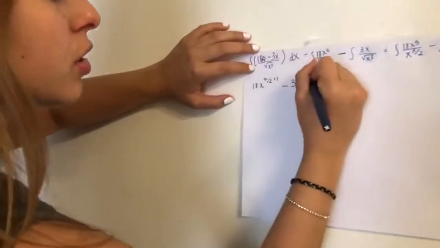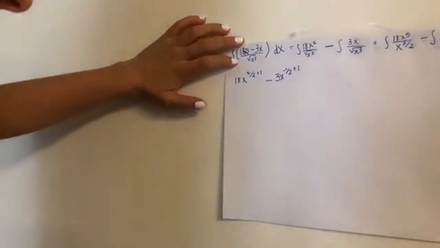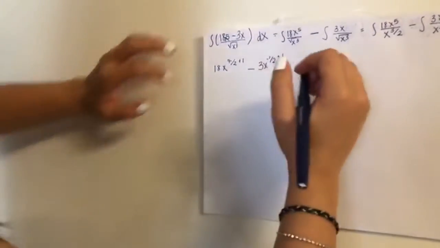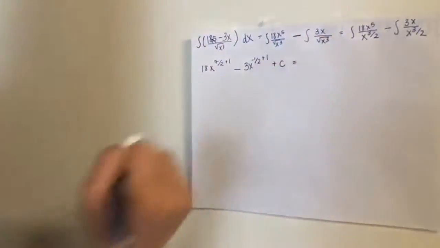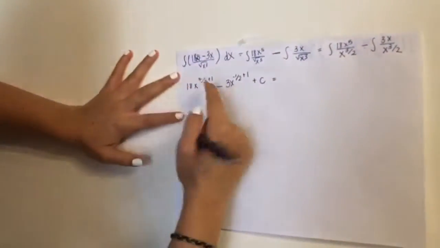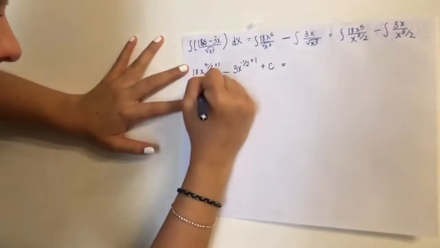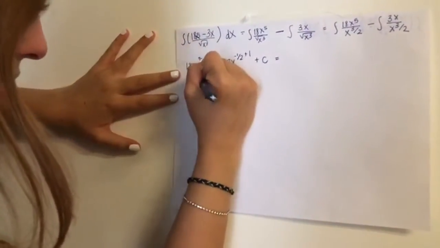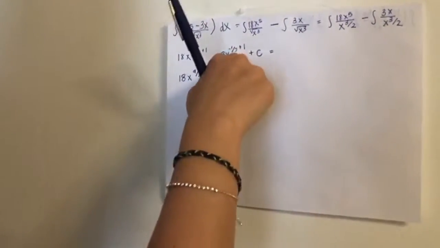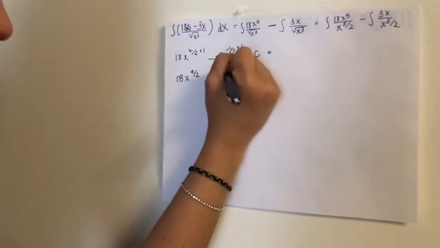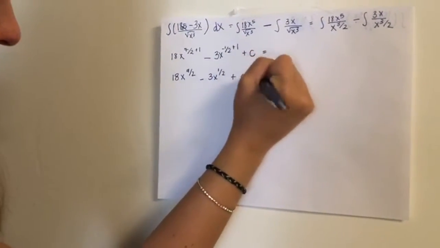Minus 1 half, you're going to add 1 because of the rule, and at the end it is plus c. So 7 halves plus 1 is 9 halves. And then 3x, minus 1 half plus 1 is 1 half positive, plus c.